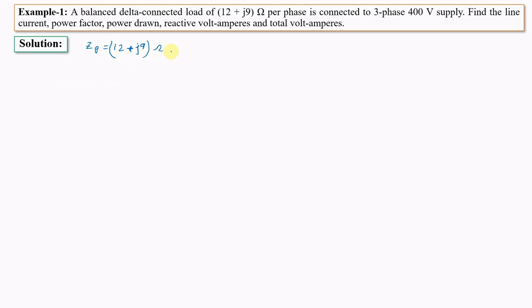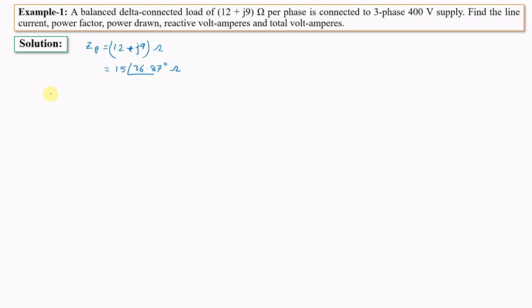We can convert this impedance to polar format. So it will be 15 angle 36.87 degree. This is the polar format of the impedance per phase.